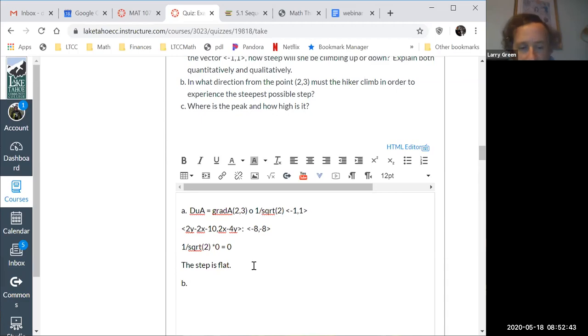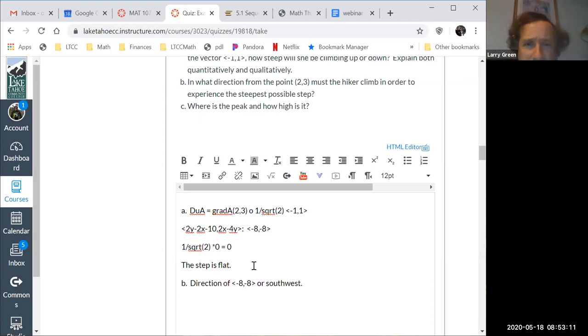Yeah, the gradient. So notice that it's a direction of -8, comma, -8, because that's the gradient. And by the way, that means you're going down and left, or southwest, because on a map, that would be southwest. Any questions on that?